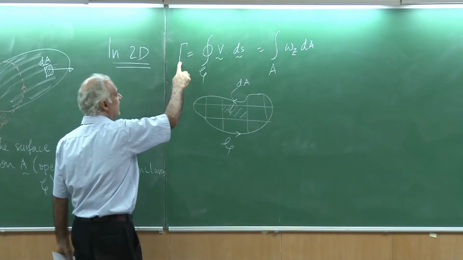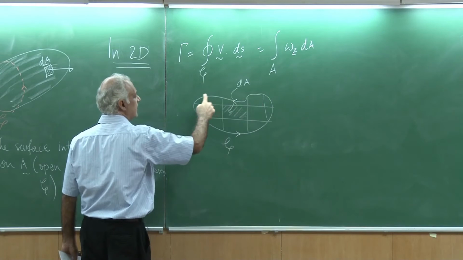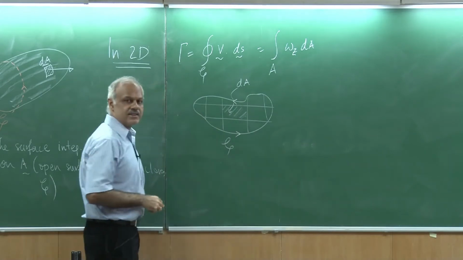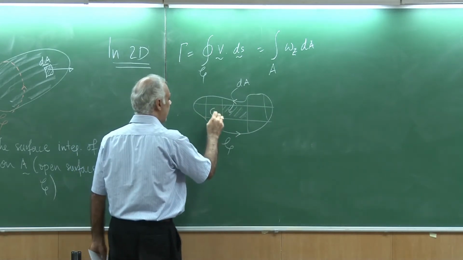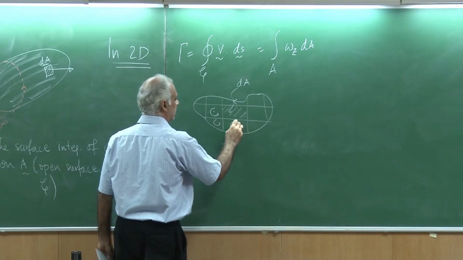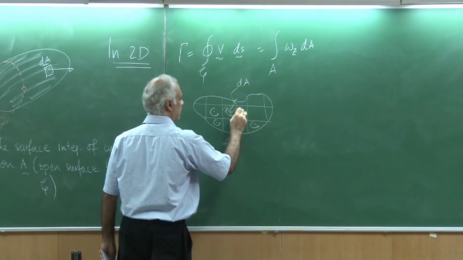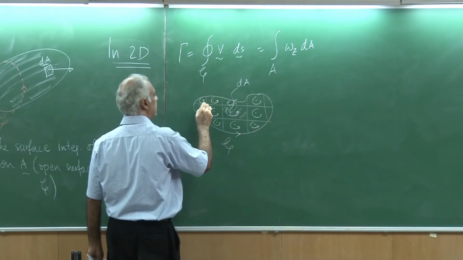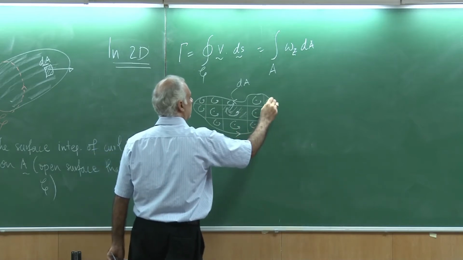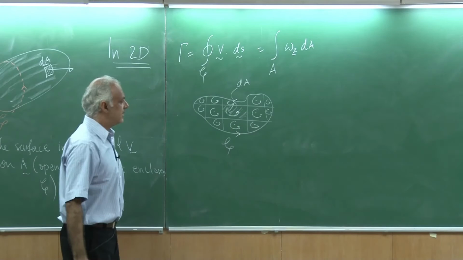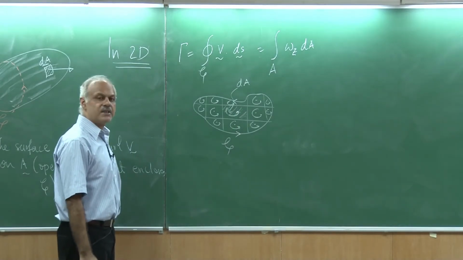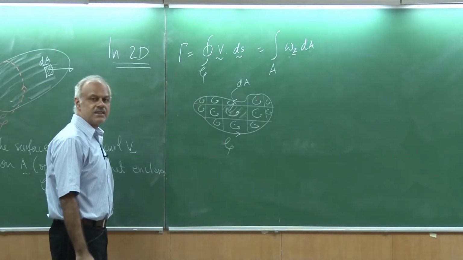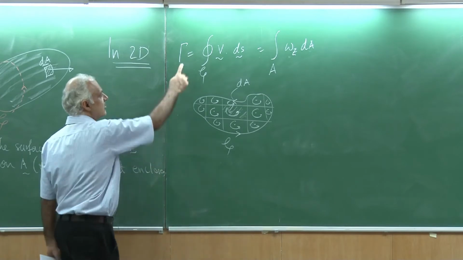then either I could calculate gamma by doing a velocity integral over this curve C, or I could calculate the vorticity everywhere in this area, and then I would have this vorticity, and I just take the summation of it, omega z dA. So, I just take the summation of all the vorticity enclosed by this curve, and that is your gamma.